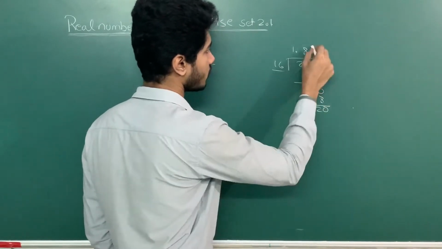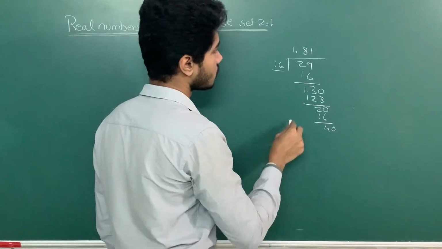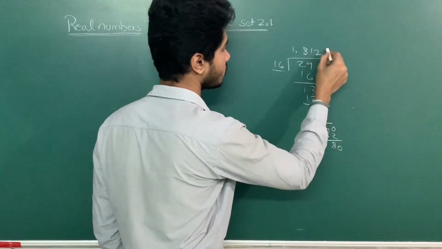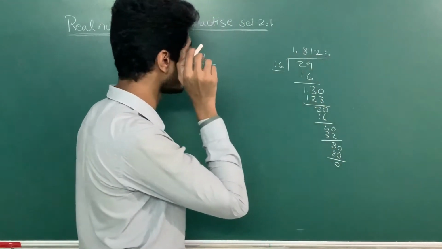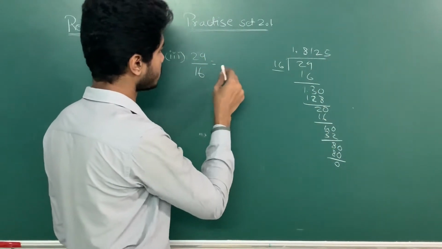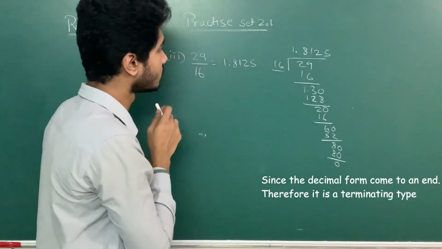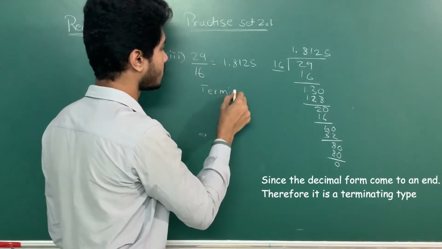Take 0, you take 1s again, you get 20 and you get 40. So 2s are 32, you get 8, then 5s is 80. So the decimal form of 29 upon 16 can be written as 1.8125. So if you see, the decimal form comes to an end, therefore this is a terminating type.